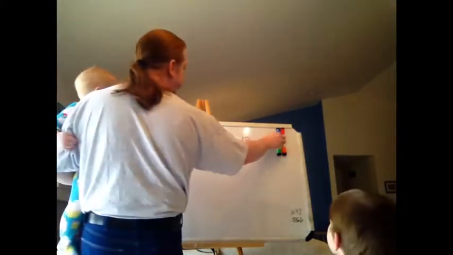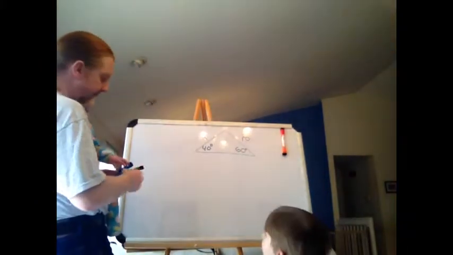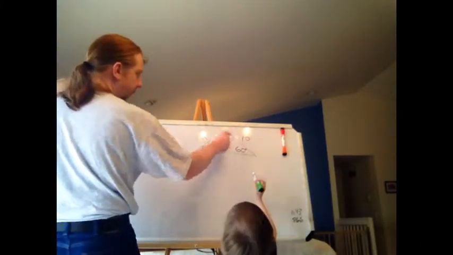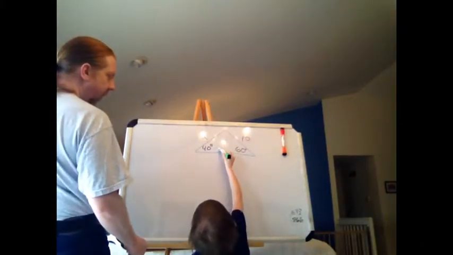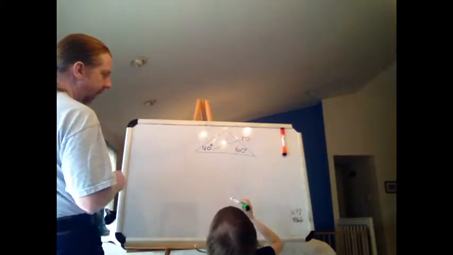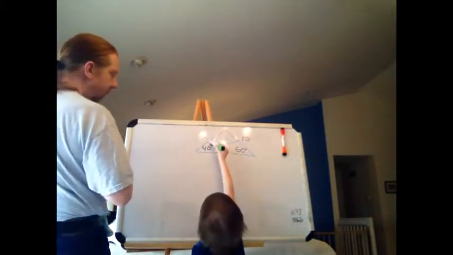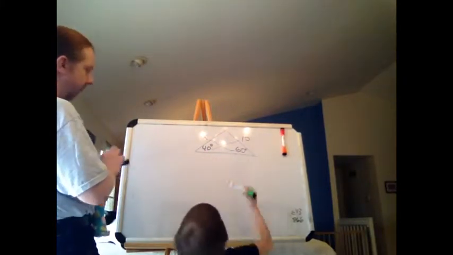So, Xander, can you connect those guys up again? Remember how you connected them before? You went across the triangle. Connect the 40 to the 10. There you go, very good. And what about that 60 and the X? Can you connect those? Thank you, that's very helpful.